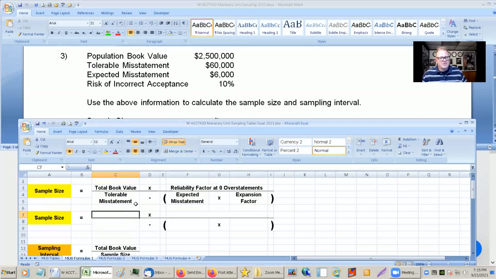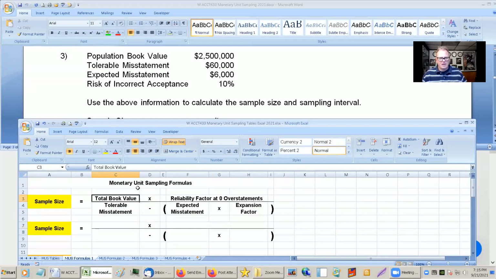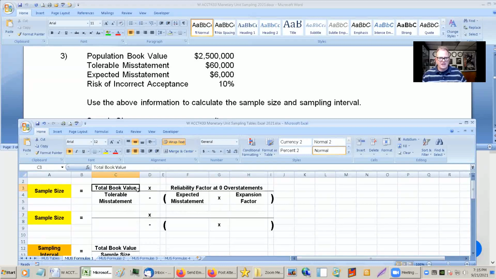So sample size, I put on total book value. Sometimes you'll see this stated as total population size, and I'll tell you in a minute why those are actually the same. Anyway, this is the formula that we used from last time. What we're going to do is take the numbers, plug them in here, and do the calculations.